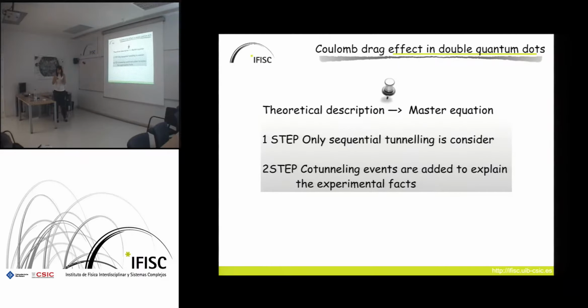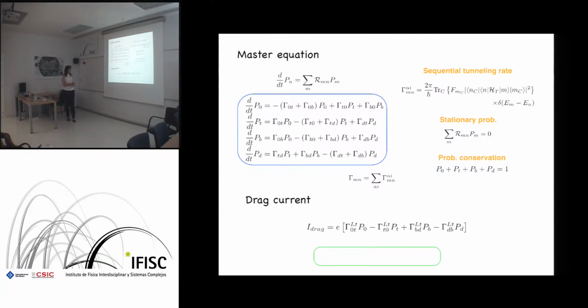Okay, so with the 4 states and computing these transition rates given by these gamma functions, we are able to get some solution and write the drag current, which has this expression.